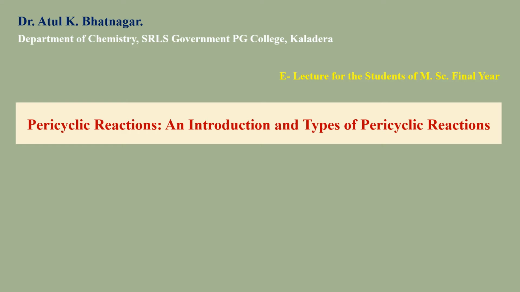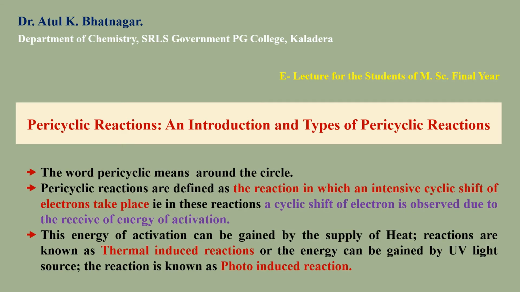introduction of pericyclic reactions. The word pericyclic means around the circle. So in all such types of pericyclic reactions, we shall see there is a fast or intensive movement of pi electrons around the cycle.